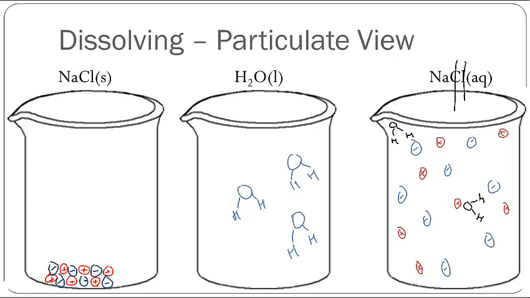I'm going to go up here. So if I have my Na, which is plus, I actually get a number of water molecules that surround the ion. And this is called a hydration shell.